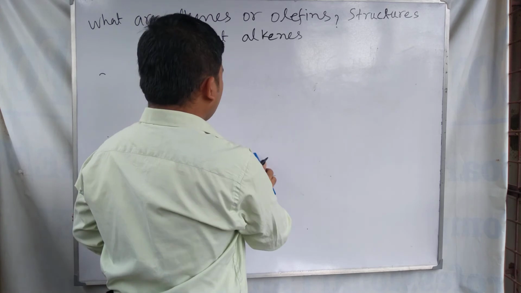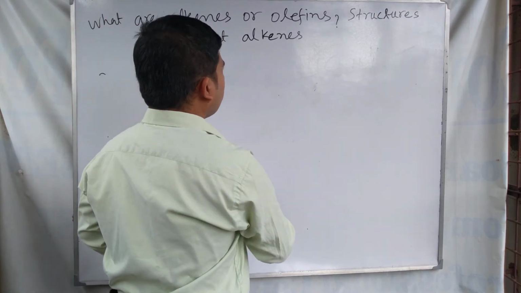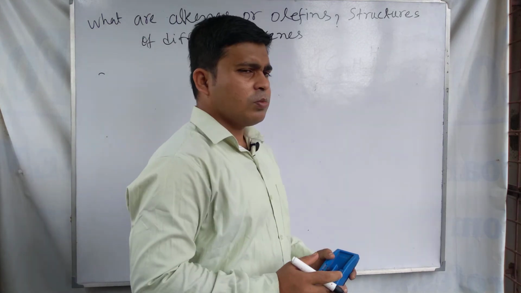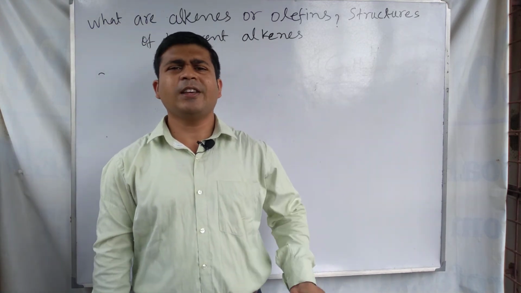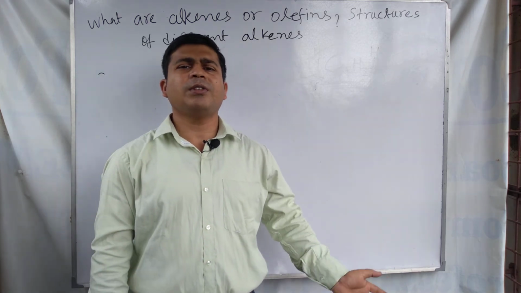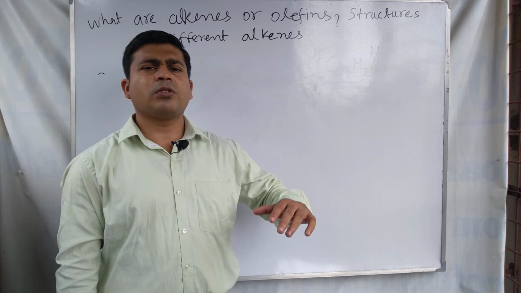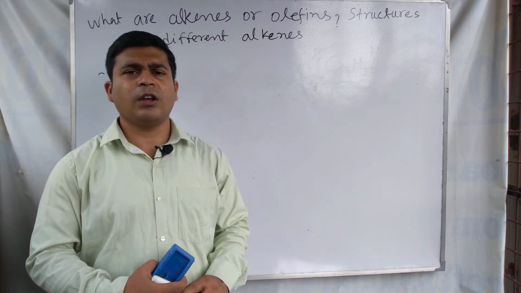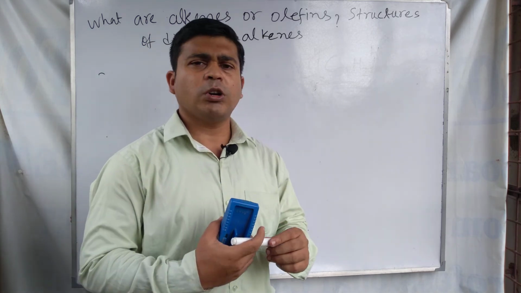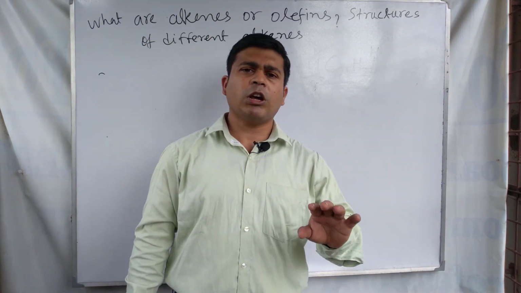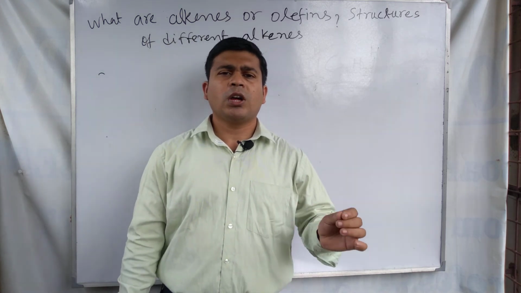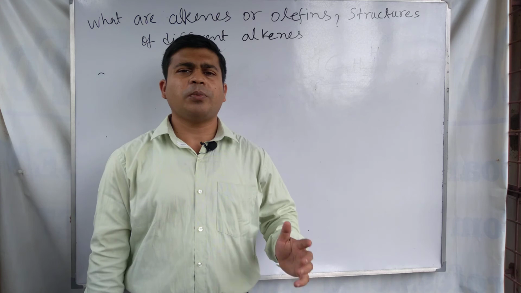Similarly, you can draw the structures of any kind of alkenes, because alkenes are hydrocarbons with a double bond, not a single bond or triple bond. I am making this video for the class 9-10 level, where students have some problems drawing the structures of alkenes.